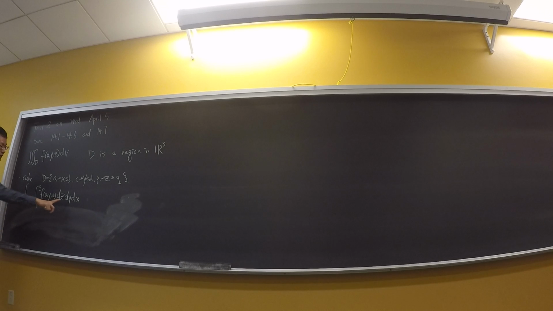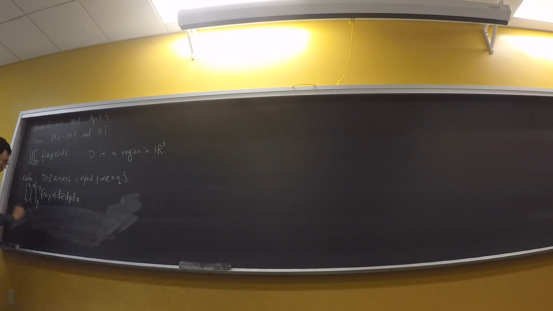The middle integral is with respect to y, so I want to have c, d in the middle. And x goes to the outside, so I want to have a, b for the pair of numbers in the outside. So you can write down your integrating order with respect to x, y, z in 6 different orders. Every time you write down one representation, you're supposed to keep up with the pairs of numbers right here. And these things are pretty easy to transfer between the 6 representations.